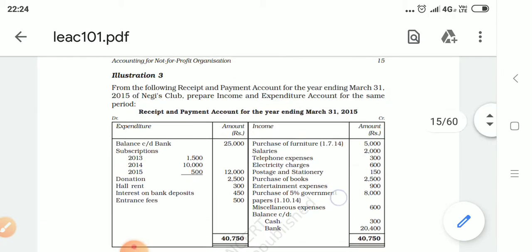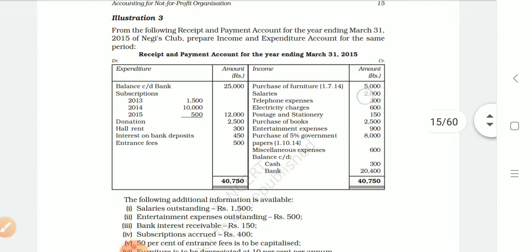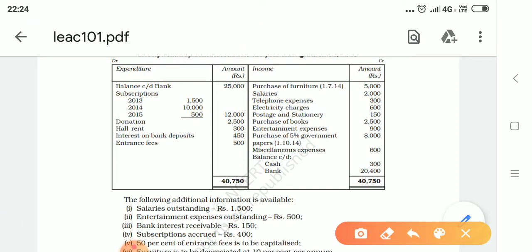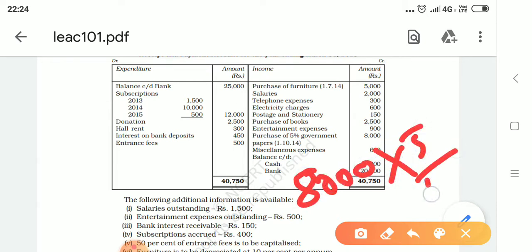So from October to March of the next year, October, November, December, January, February, March, 6 months, 6 by 12. So you have to do 8,000 into 5 by 100 into 6 by 12. Okay. And you will get the interest.